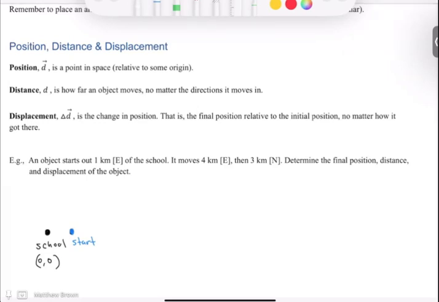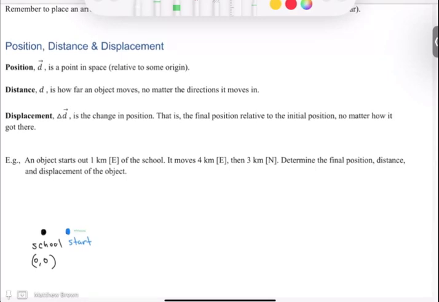It moves 4 kilometers east. So it goes, let's say here. And then it goes 3 kilometers north, and it ends up here.